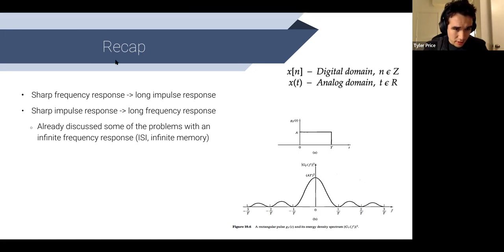So there are trade-offs to deal with, especially in the digital domain, which is what we're going to be working with going forward, implementing these filters on our microcontrollers. We can't implement an infinite impulse response by just storing filter coefficients, because that would require infinite memory, which we don't have.